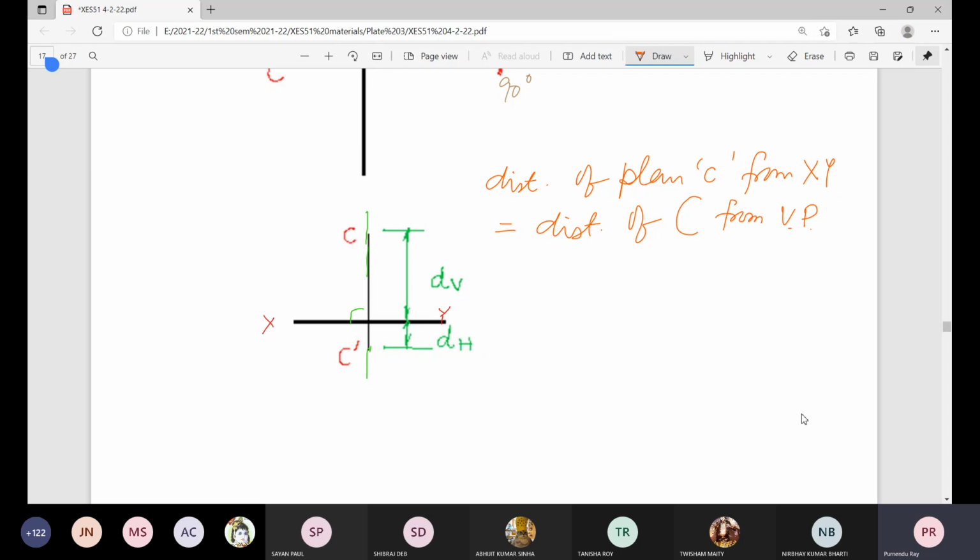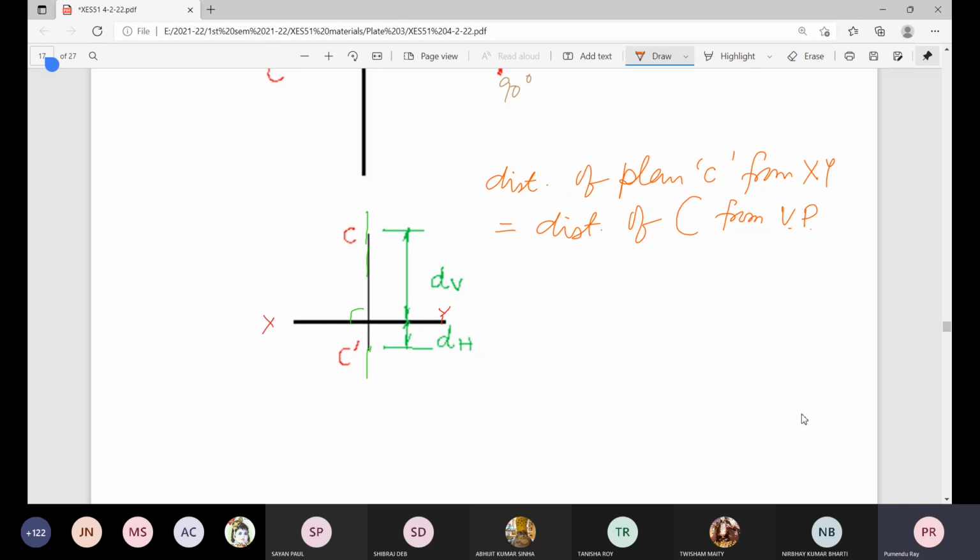So distance from vertical plane is shown in distance of plane, and similarly dh, the distance of the elevation from ground line, will be the distance of the point capital C from the horizontal plane.